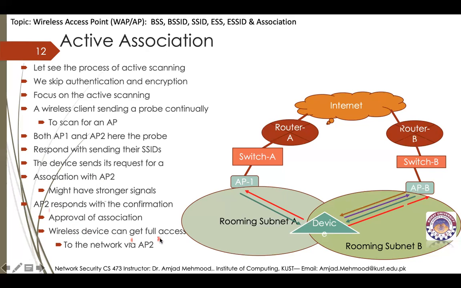The wireless device can get full access to the network via AP2. So now the device has full access through the access point, and from here it will be accessing the internet. Instead of using this path, it will be using this path because this device is in the range of this AP, and it is getting stronger signals from this access point than from this one. So this is called active association.